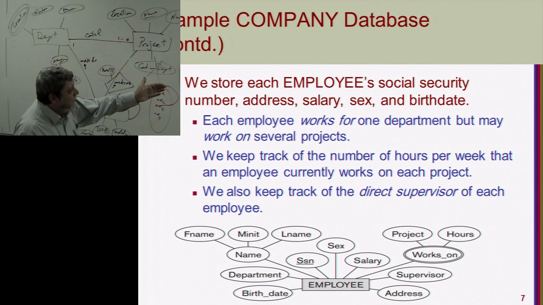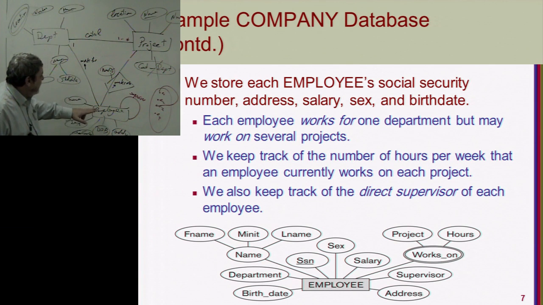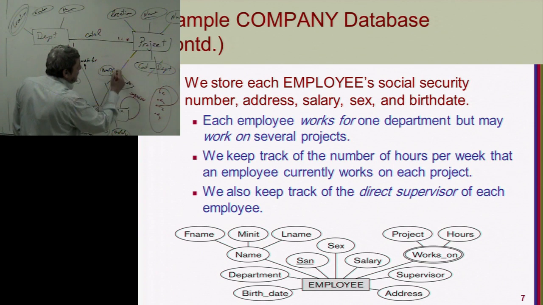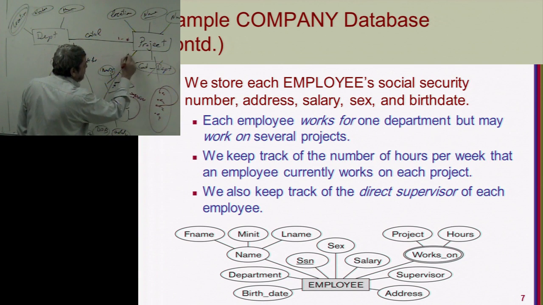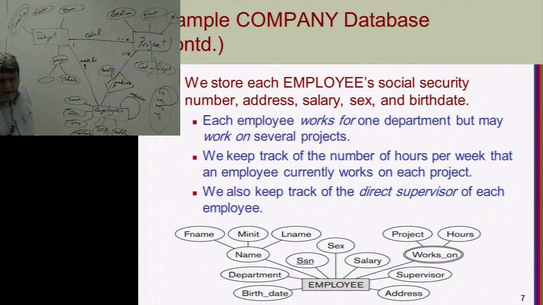But may work on several projects. So there is a relationship between the employee and the project. Works on. Works on how many projects? Many. So each employee works on many projects. Let me write it here for the moment, and later on we will know where to write it exactly.